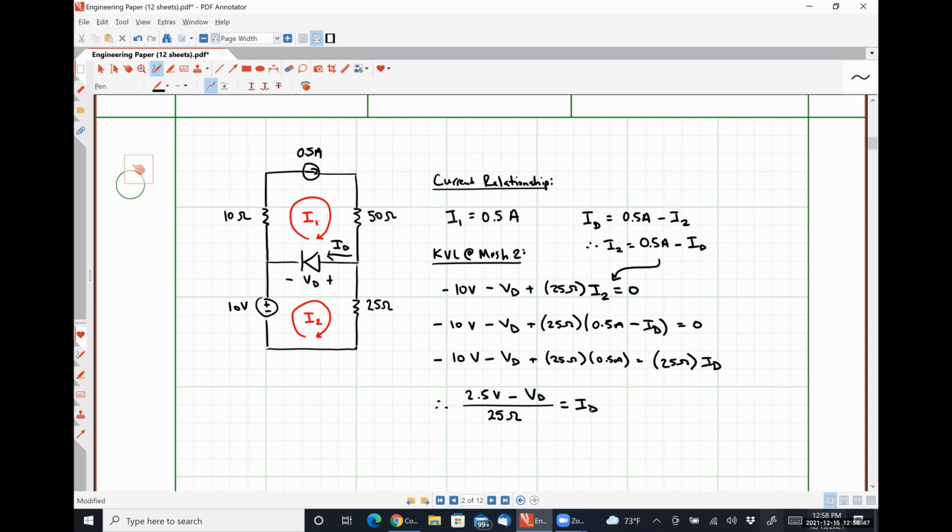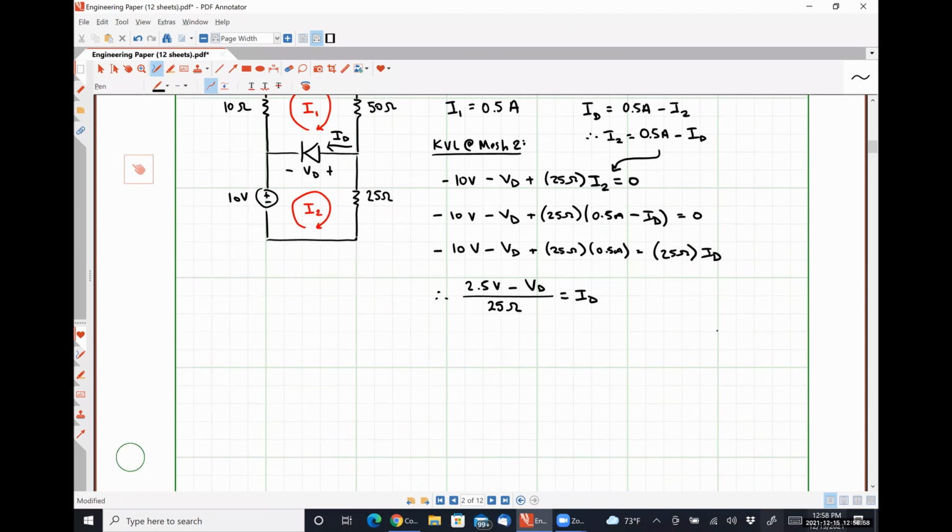So it is tedious, but it is not nearly as tedious as doing it graphically. So that's what we're going to start off with. All right. So for iteration number 1, let's make a guess for VD.